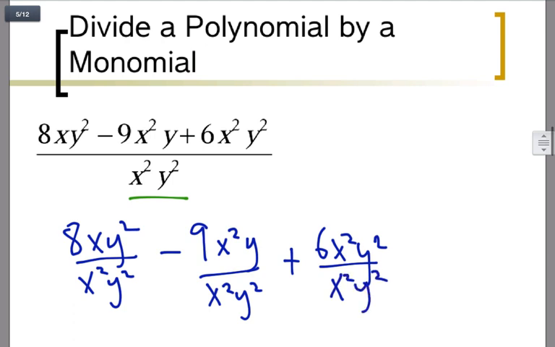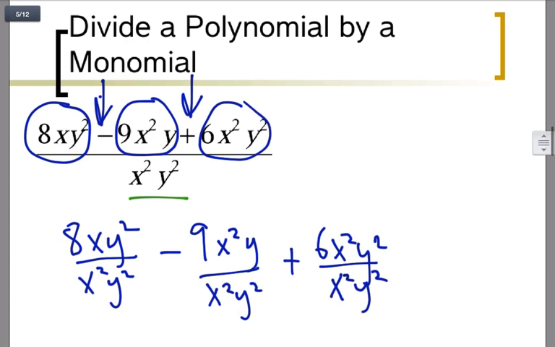Now notice, again, I broke them up based on the separation with the addition and subtraction signs here. That's how I know that each one of those gets its own fraction divided by x squared y squared. So now I do the reducing as much as possible.